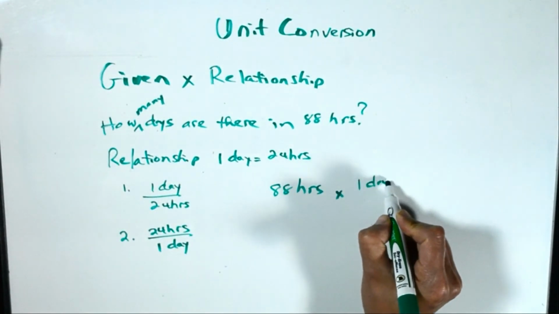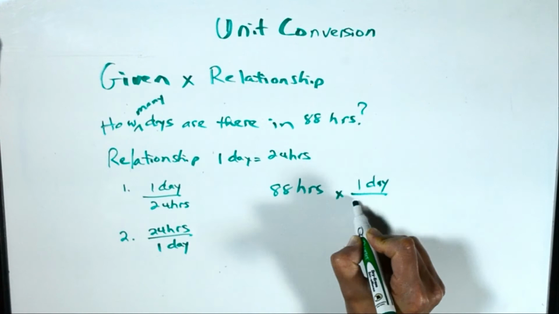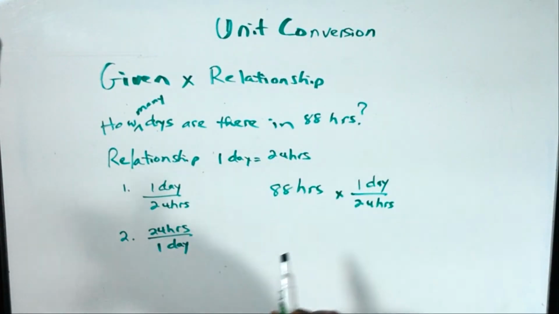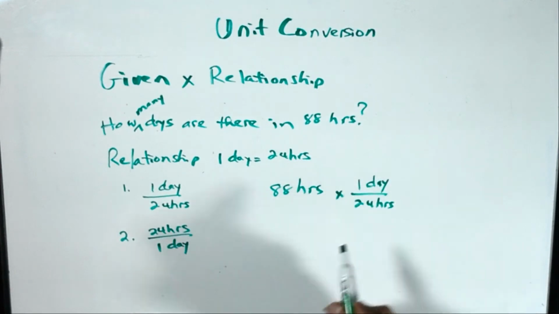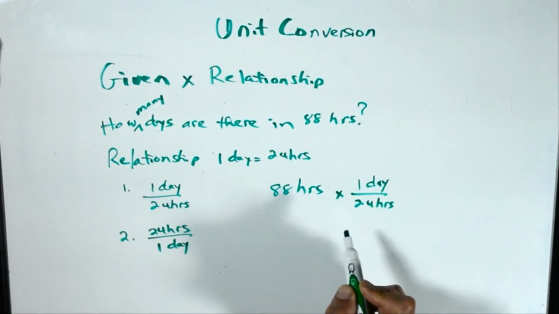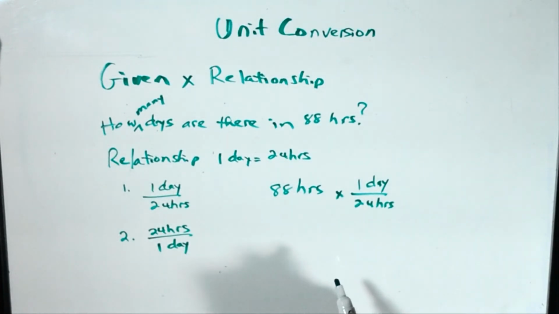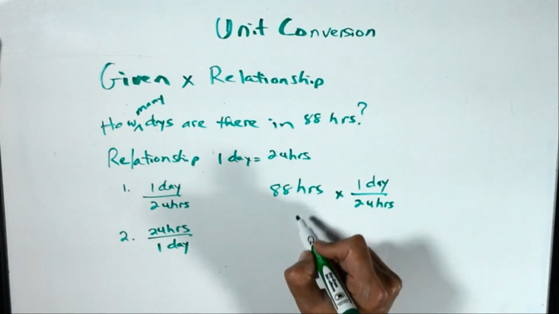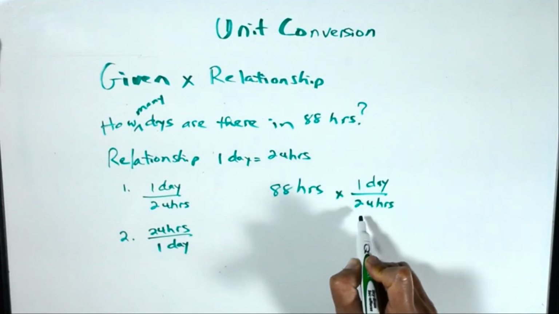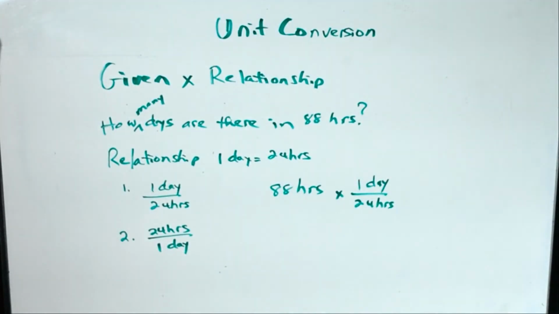1 day, okay, per 24 hours, okay? So the way it looks is everything on the top multiplied. The fact that 88 hours has no number below it, we assume that's on top, okay? There's no fractions, it's not below, so it's on top. So it's 88 hours times 1 divided by 24, okay?